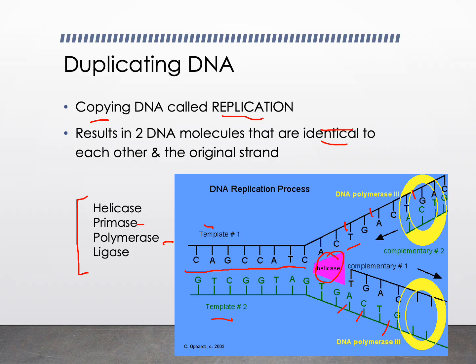And so the polymerase comes in and builds that new strand, the complementary strand. And you'll notice that one is moving in this direction and one is moving in this direction. That has to do with something known as 5' and 3', and we'll look at that in just a minute.